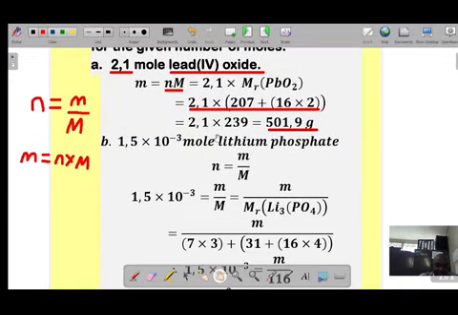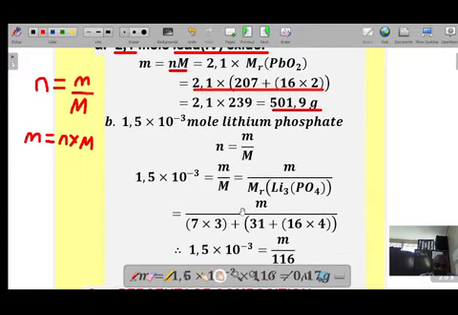They say 1.5 times 10 power negative 3 moles of lithium phosphate. So you do the same thing here. They gave you the moles. Lithium phosphate is Li3PO4. So compute the molar mass. Then using the formula again, substitute and get your mass.